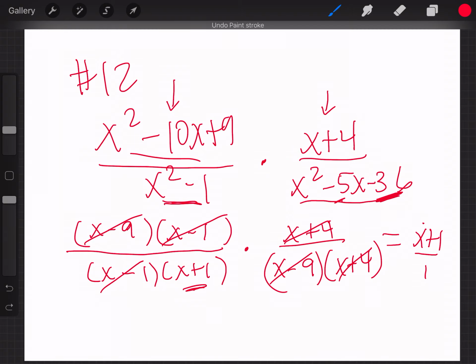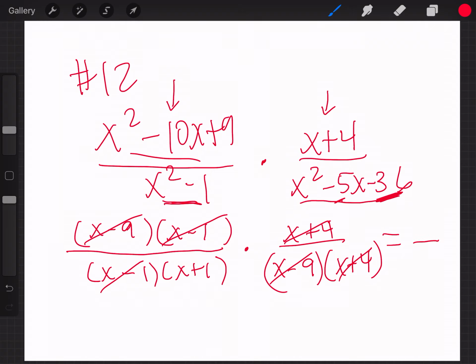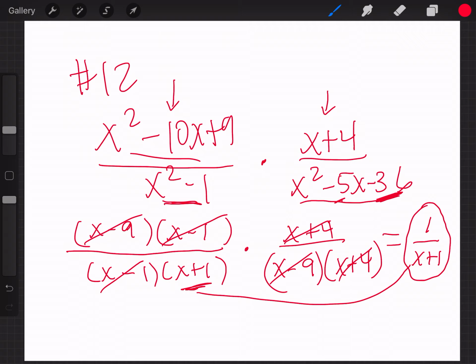So your answer should not have been like that. You should have put the x plus 1 still on the bottom, and on the top you should have left the 1, because those reduced. I say they marked them out, but technically they all reduced, and so it became this right here. Several of you left it the opposite way. I just wanted to point that out and show you why it is what it is.